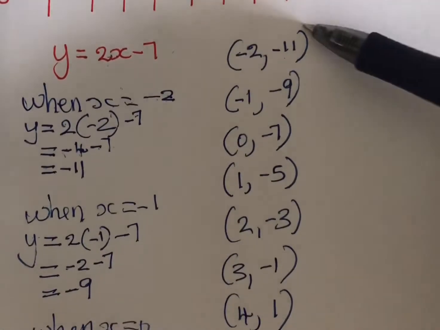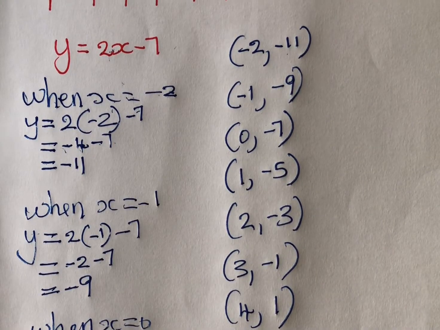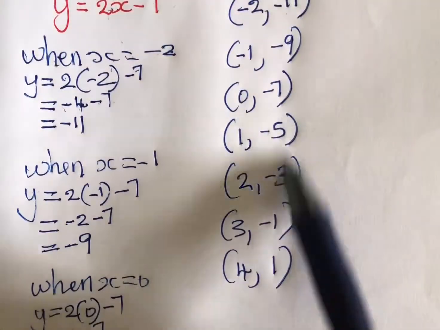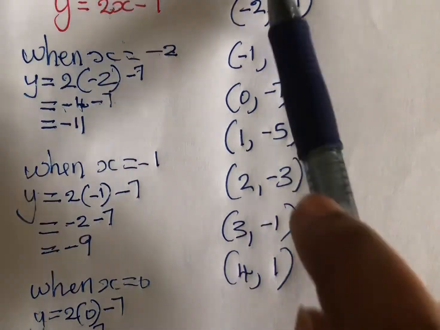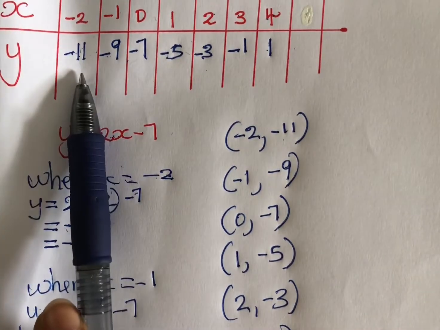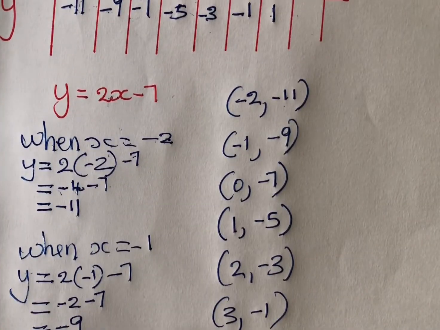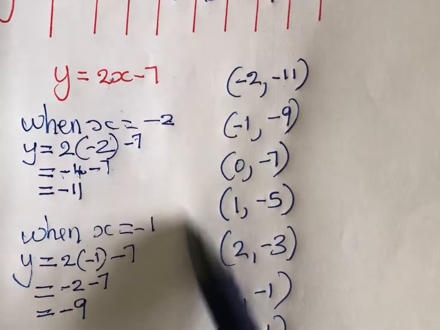Now these are the points you will plot on your graph, all right? Just the way you see them here. You do not need to write the points of the graph. You could read it from right here and go straight and plot. I just did this for emphasis purposes, right? But this is not necessary.